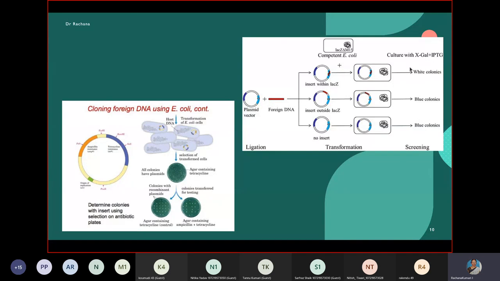Instead, the colonies which are formed will be white in color. So this pUC plasmid, not just using the antibiotic resistance gene, we can also select through the blue-white screening method that involves the role of the lacZ gene.